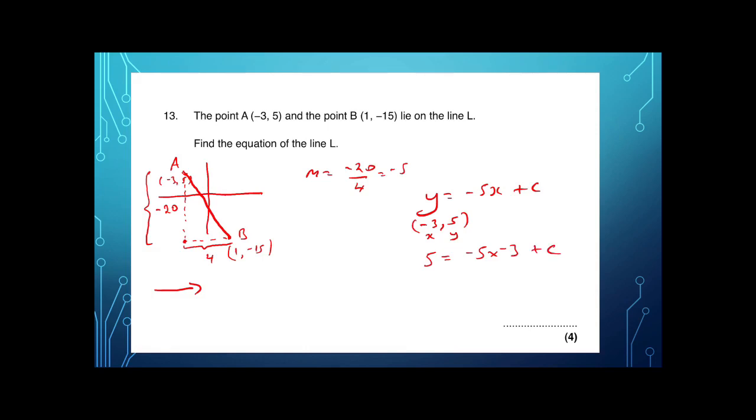And so the only unknown is the c value. So that's 5 is equal to 15 plus c. c is equal to negative 10. So using y is equal to mx plus c, we've got y is equal to negative 5x minus 10. I'm going to have a little look to see if it looks about right, and that is a negative value. So I think it's correct.